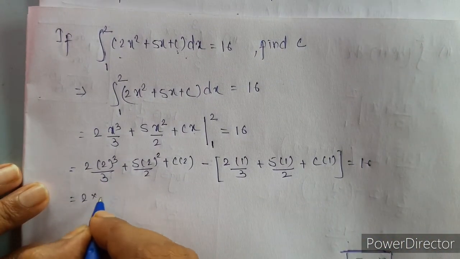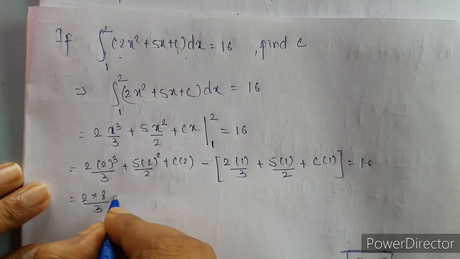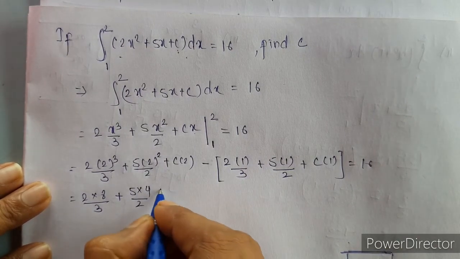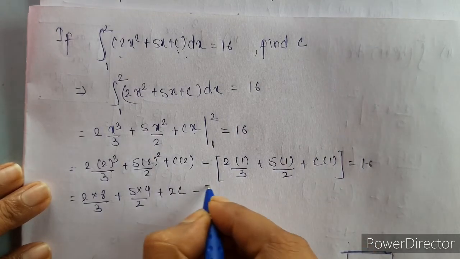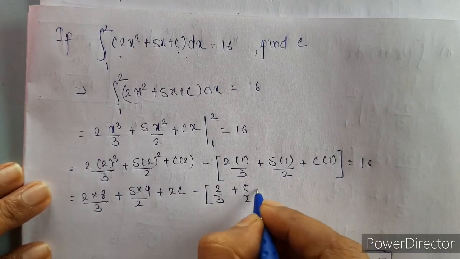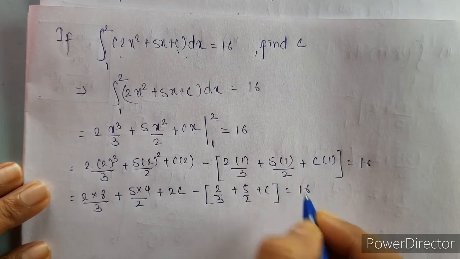Now 2 cube is 8 by 3 plus 5 into 4 by 2 plus 2 times c minus 2 by 3 plus 5 by 2 plus c, which is equal to 16.